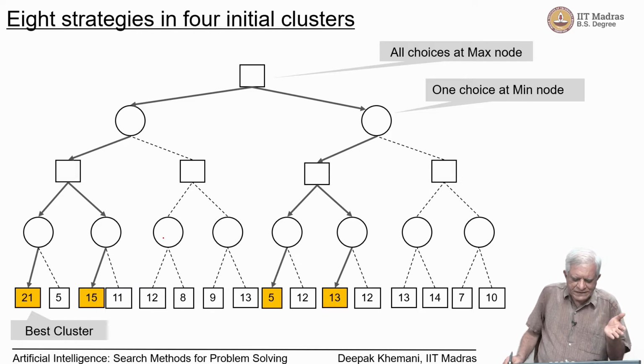So, what is the best cluster here? It is 21. Why? Because it says that the value of that strategy can go as high as 21. Of course, 21 is an upper bound, it can't go higher than 21, but it can go as high as 21. Likewise, the second one can go as high as 15, the third one 5 and the fourth one 13. And remember that we are working for max, we are trying to find the best strategy for max, and the best strategy for max is the one with the highest value.